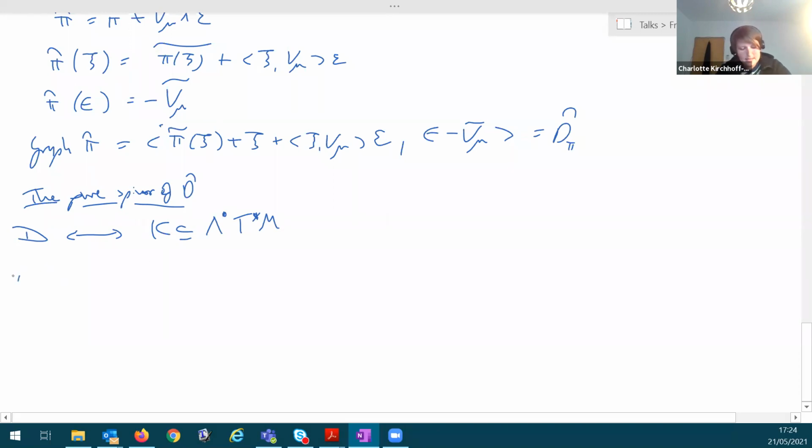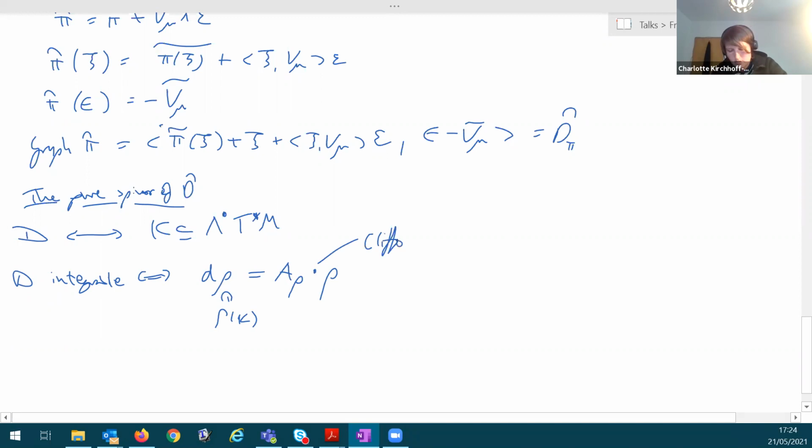And the integrability of D as a Dirac structure is equivalent to a local section rho of K that is non-vanishing, d rho being equal to some A rho dot rho, where this is the Clifford action.